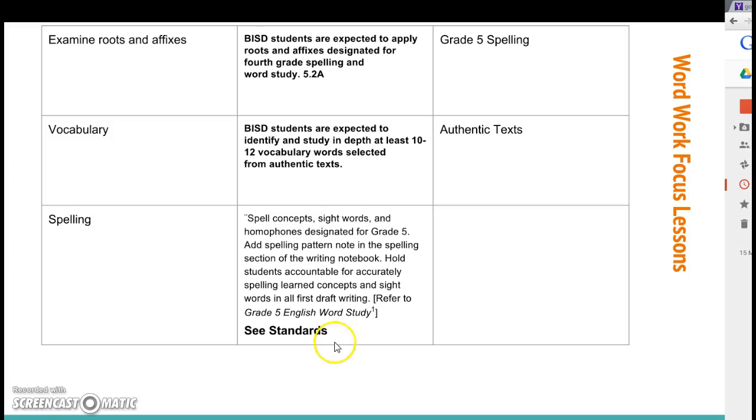Word work: we're going to continue to examine roots and affixes in your grade 5 spelling. Continue to take your vocabulary from authentic text. And I want to talk to you a little bit about your grade 5 English word study. If you are seeing through the BOY writing that your kids really do not have good sound spelling rules down, then I would say to go back and find, and I will be glad to attach, the grade 2 spelling.